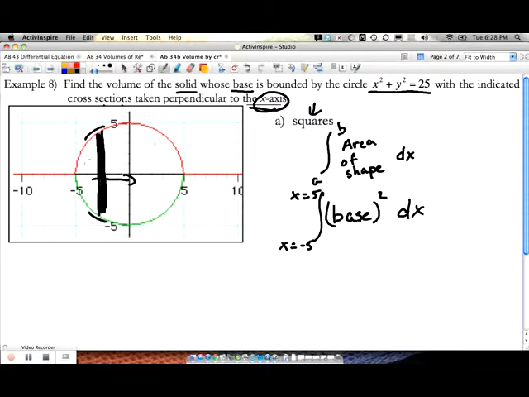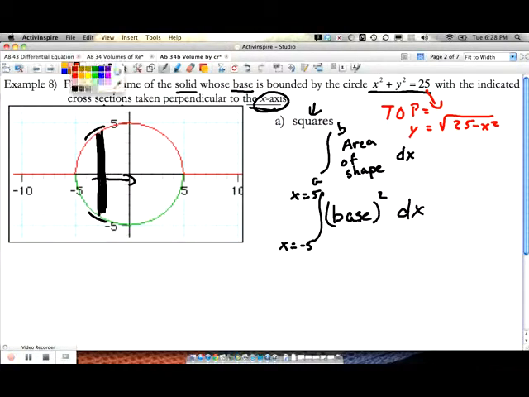Both of them are defined by the circle. And notice that in the red here, we're going to have the top half of it and the green is the bottom half. So let's start with the red. The top is going to be this equation, but solved for y. So if I have y equals radical 25 minus x squared, that would be this equation, but just solved for y.